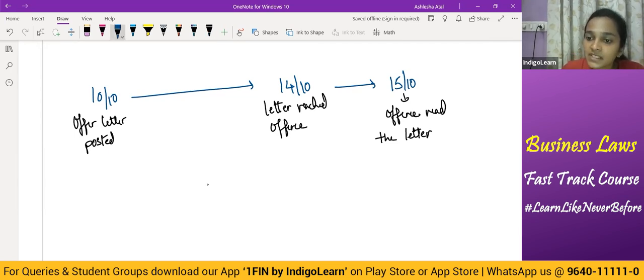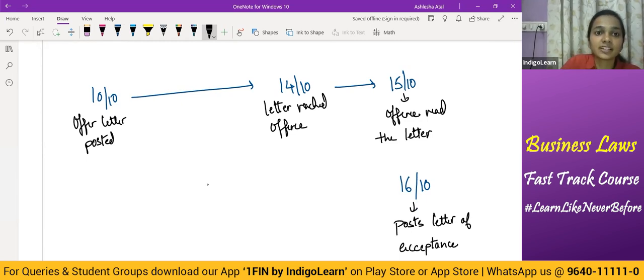Now what happens is offeree, that is Mr. Raj, after reading the letter on 15th, writes the letter of acceptance on 16th of October and posts this letter of acceptance on 16th of October. Now this letter of acceptance reaches Mr. Sanjay on 19th of October.